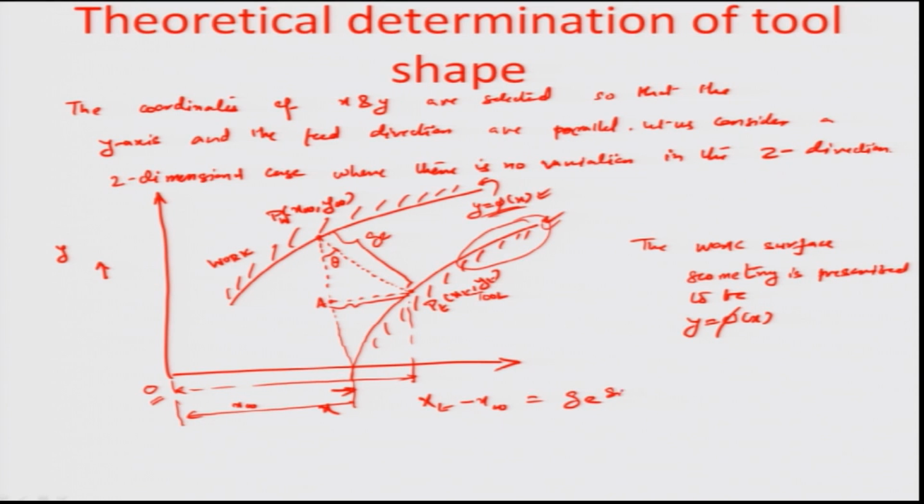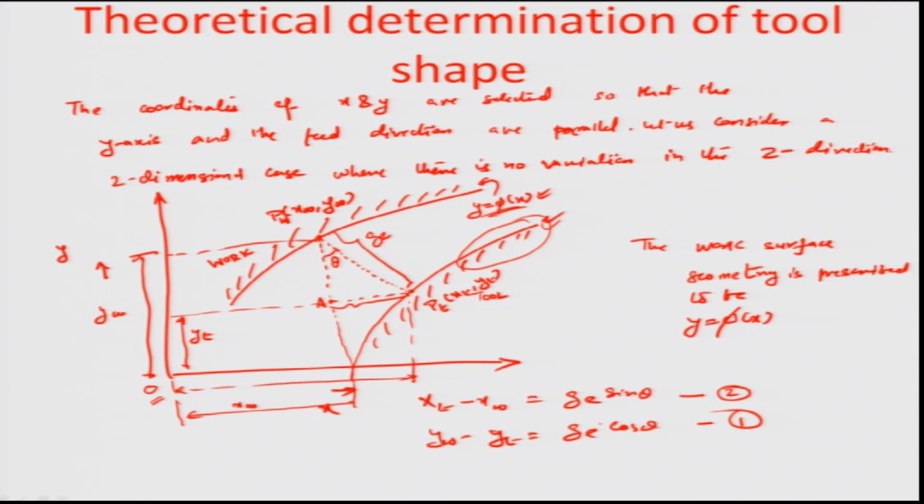So, let this be one of the equations, let us say equation 2, and the other one is in the y direction. So, let us assume the y coordinate here as y w and the second y coordinate all the way here as y t. So, y w minus y t should be equal to G cos theta. Let us assume this to be equation 1.